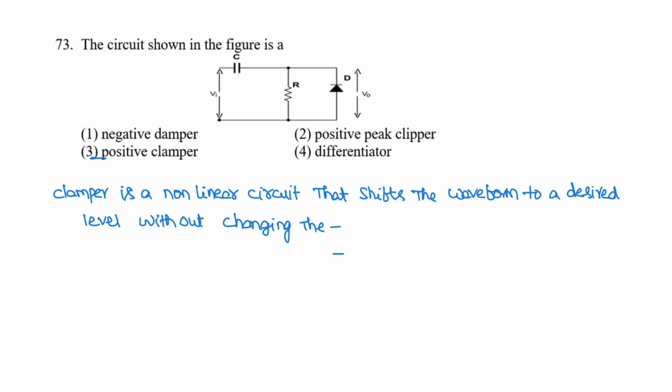The circuit shown in the figure is a positive clamper circuit. Option 3 is the correct one. A clamper is a nonlinear circuit, because a diode element is present, that shifts the waveform to a desired level without changing the peak to peak or RMS value of the signal.